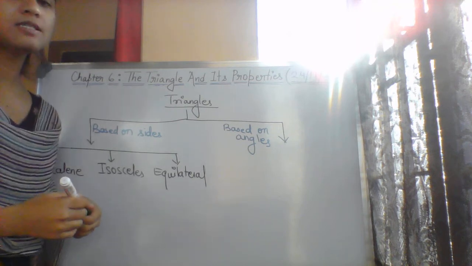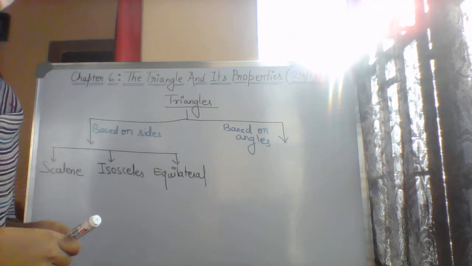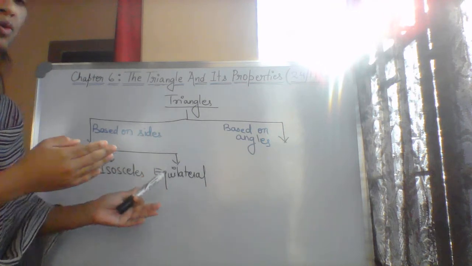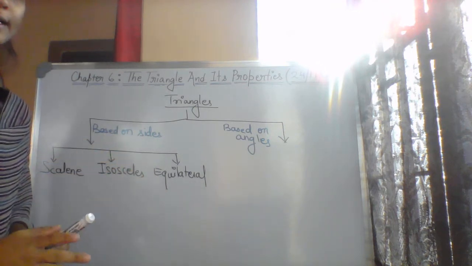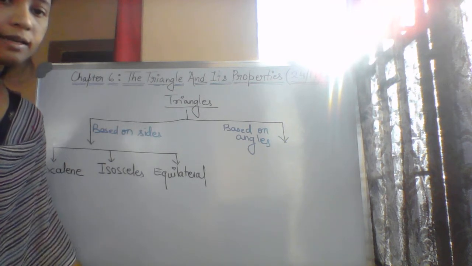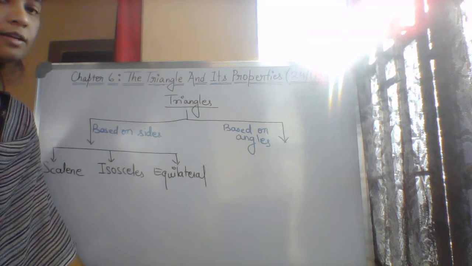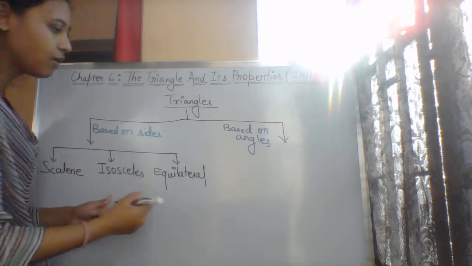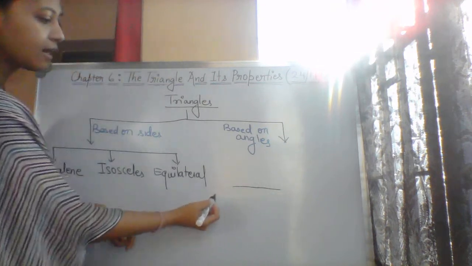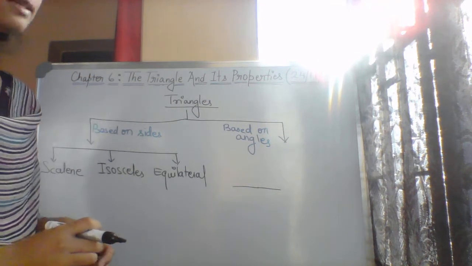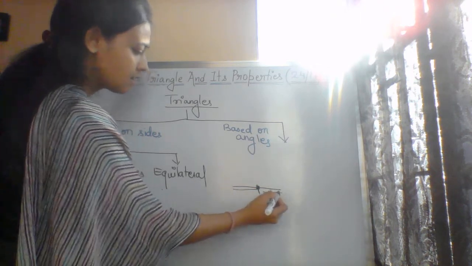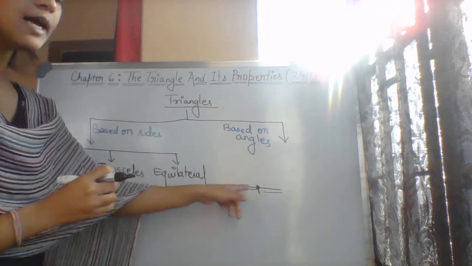Now, based on angles. I've shown just now how angles can differ, from acute to right angle to obtuse angle. It cannot be a straight angle. In a triangle, one angle cannot be a straight angle. If I make one angle a straight angle, these are the two sides, this is the vertex, making 180 degrees.